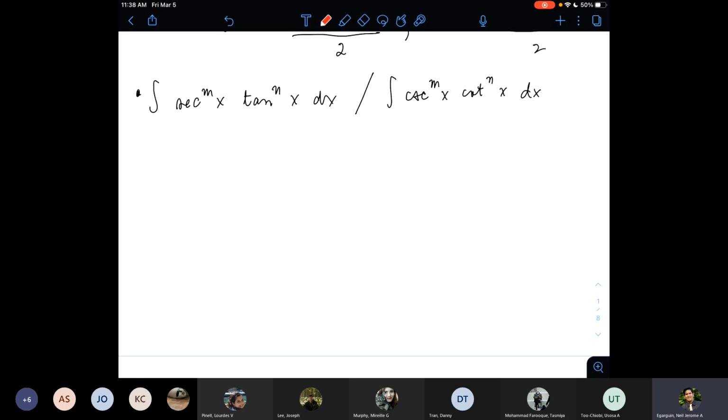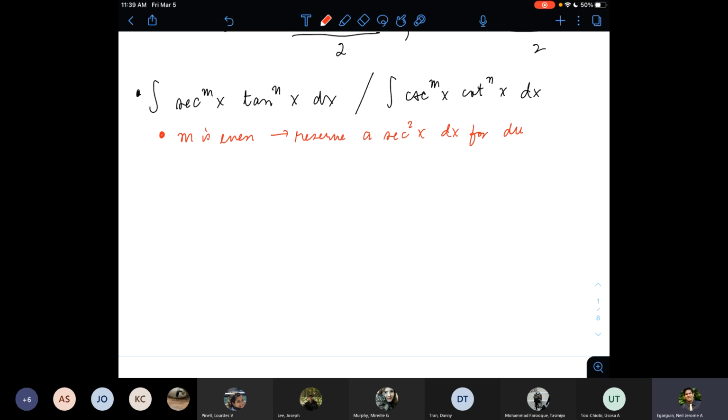So first subcase, when m is even. m is the power of secant. If the power of secant is even, what you need to do is to reserve a secant squared dx for du. Why is that helpful? If you reserve a secant squared from an even power of secant, then you will still be left with an even power for secant, right?